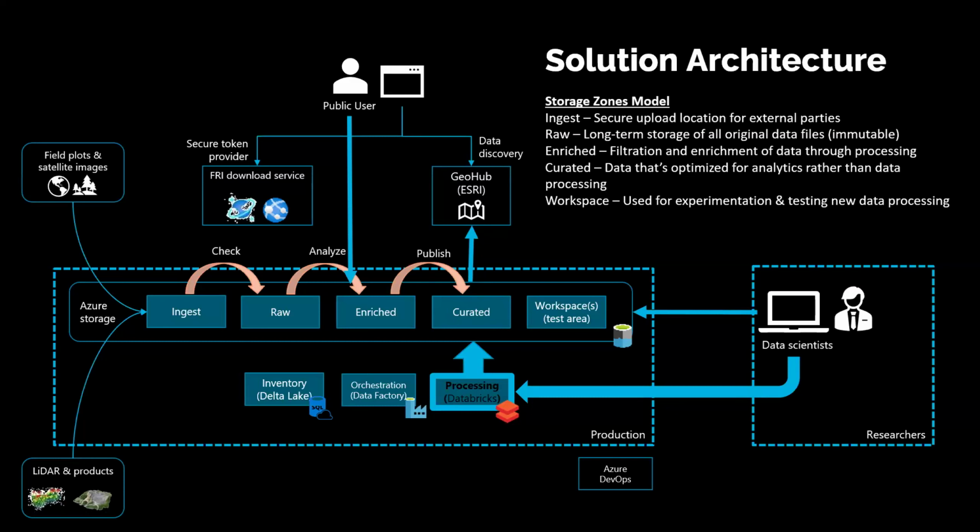A lot of our LiDAR products are available through our Ontario GeoHub and can be downloaded on a tile-by-tile basis or scripted into a larger data download. And on the back end, a lot of this data evolves in Delta Lakes, and like I said, we're doing a lot of the processing in our Databricks environment to leverage the parallel processing of the cloud. And this allows us to streamline and make data available to a number of folks involved in the inventory process.